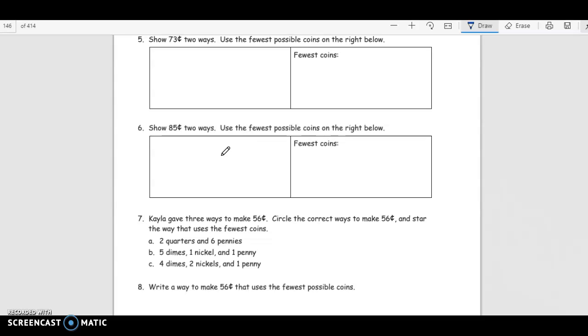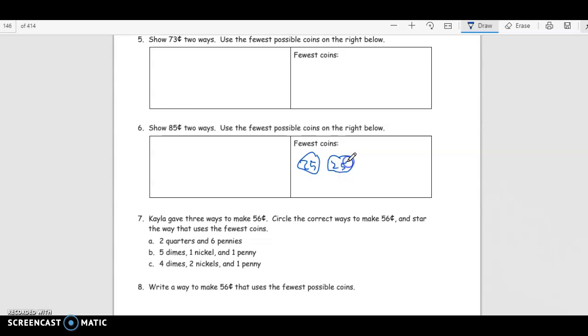So like I said, we try to use the biggest coins we can without going over. So we could use a quarter. That's 25. And then if I'm going to use another quarter, what's 25 plus 25? Think about that for a second. If you add 25 to 25, that's 50.